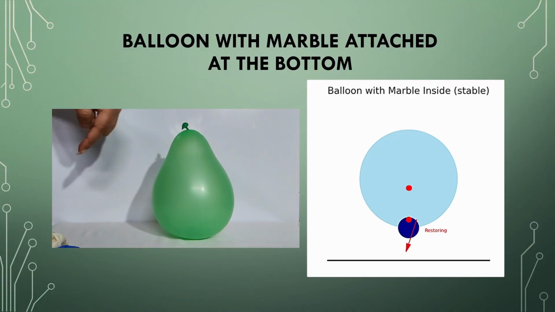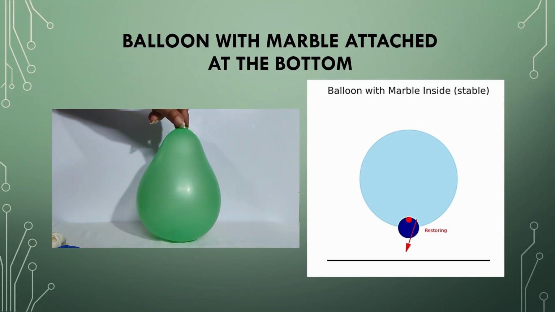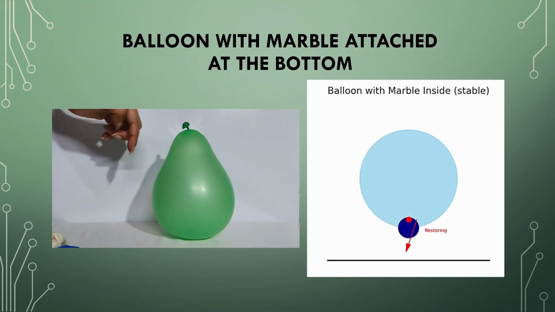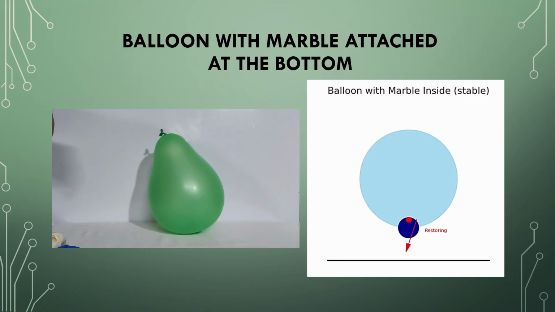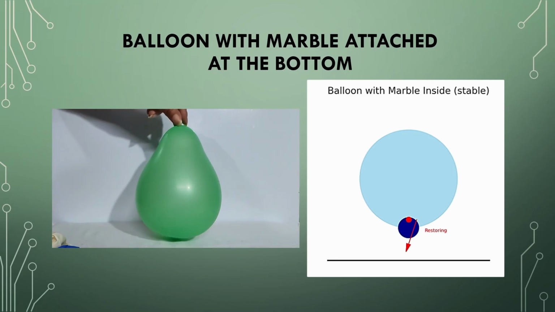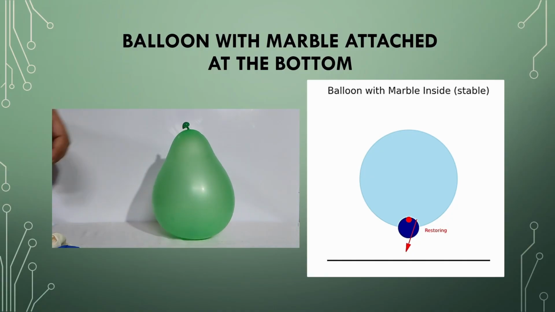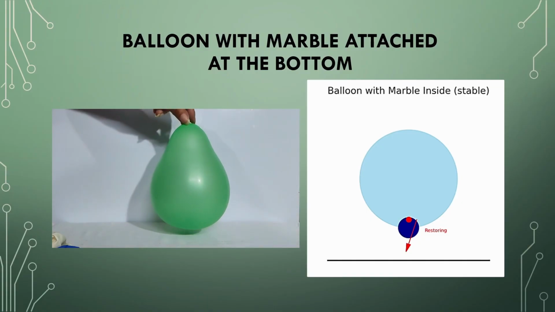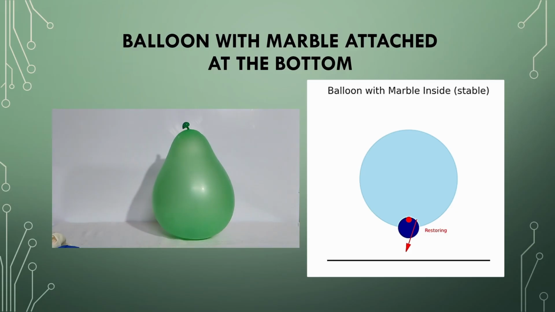The center of mass shifts from the center of the balloon to the lower end, and it is much closer to the table. So if you want to displace the balloon, it just maintains its balance. We can say that it is in a stable equilibrium condition.